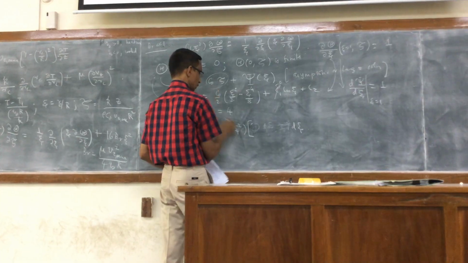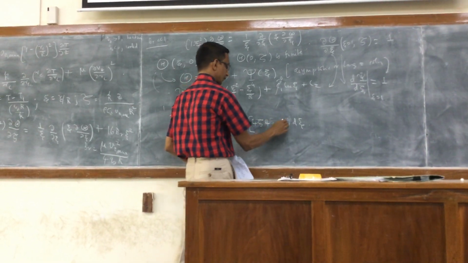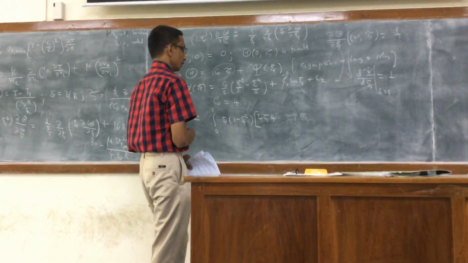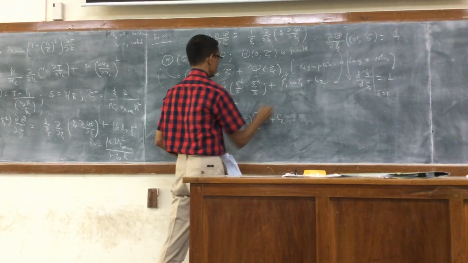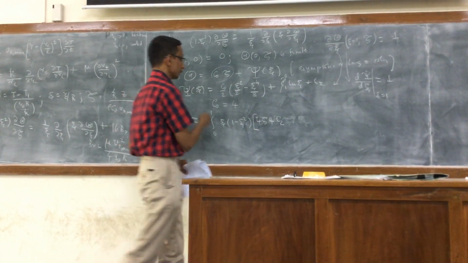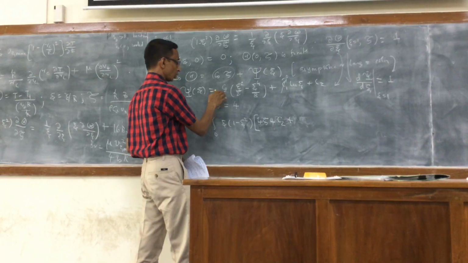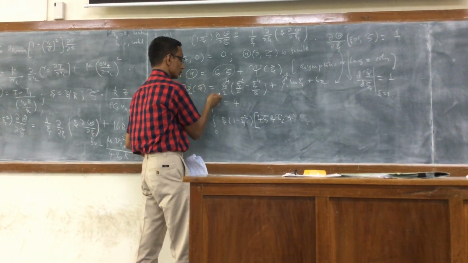Right? So C naught I know is 4 theta plus psi, and for psi I have this. So you have C2, which is to be determined, and then I have the rest of the terms. And C naught is 4. So this will be 2.